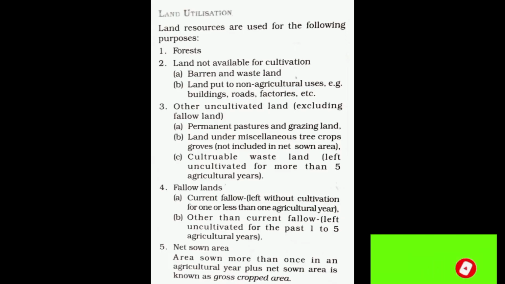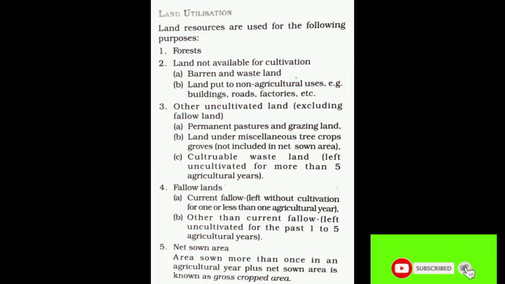Then third one, other uncultivated land excluding fallow land, that includes permanent pastures and grazing land, land under miscellaneous tree crops groves, then culturable wasteland that is left uncultivated for more than 5 agricultural years.